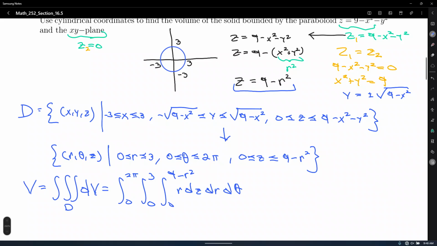The innermost limits of integration, that is with respect to z, could be constants or expressions containing either r or theta or both. In this case, it's just r. The second limits of integration, that is r, could be constant because look at this circle.